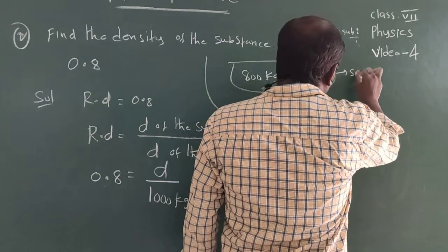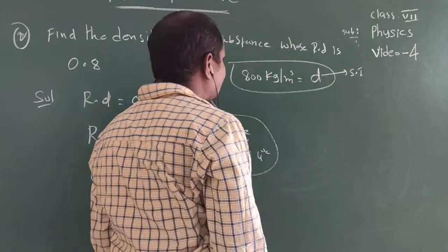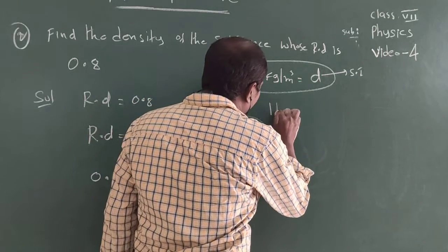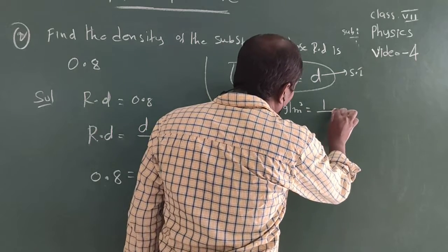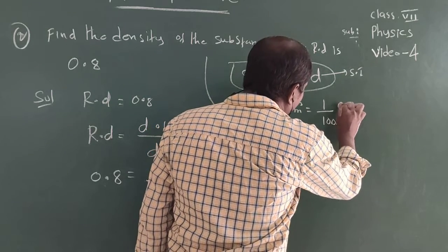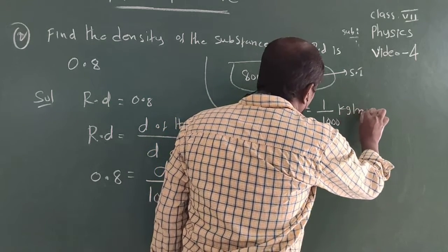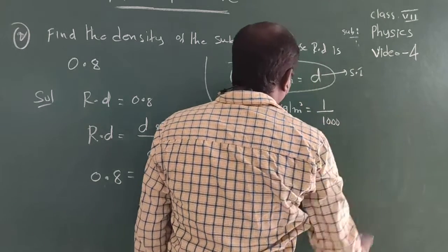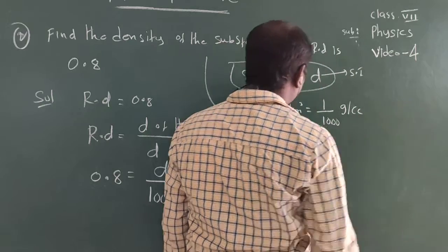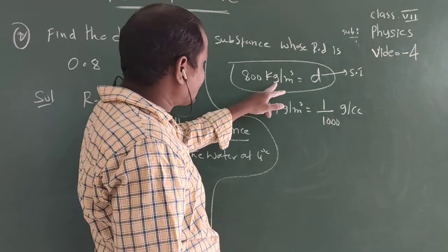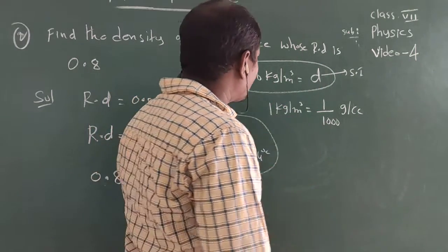Now find the density of the substance in CGS system. So 1 kg per meter cube equal to 1/1000 gram per cc. In the place of kg per meter cube we can write 1/1000.